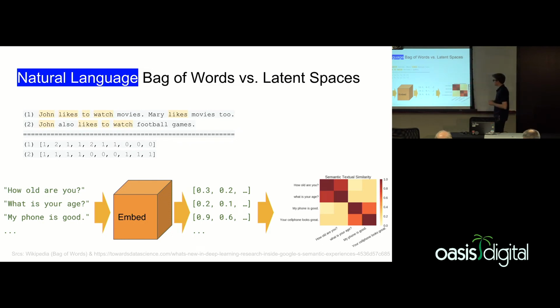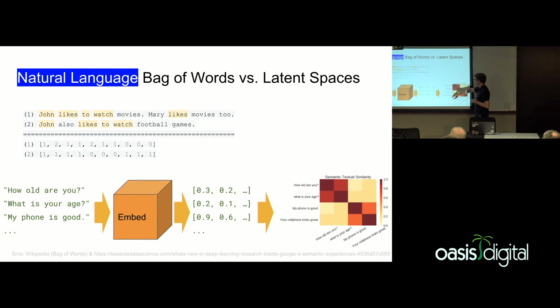In this case, there's a similarity score that's assigned to these vectors or arrays using just their values. We can see there's a sentence, how old are you, which is the first row and the first column. What is your age is the second row and column. And these two sentences are now very similar. The red values are close to 1, and the light values are close to 0.